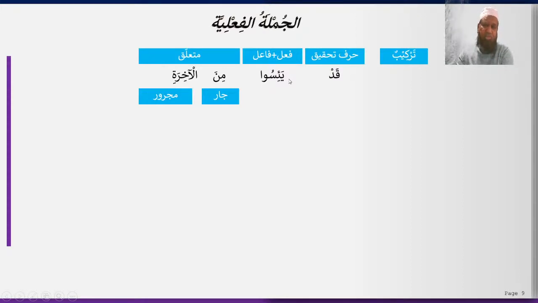Third person, jama mudhakkar ghaib. Qad, indeed, surely. Ya'isa, ya'asu, to lose hope or to despair. And we know min حرف الجر from and آخرة. Everyone knows the meaning of آخرة, the hereafter.